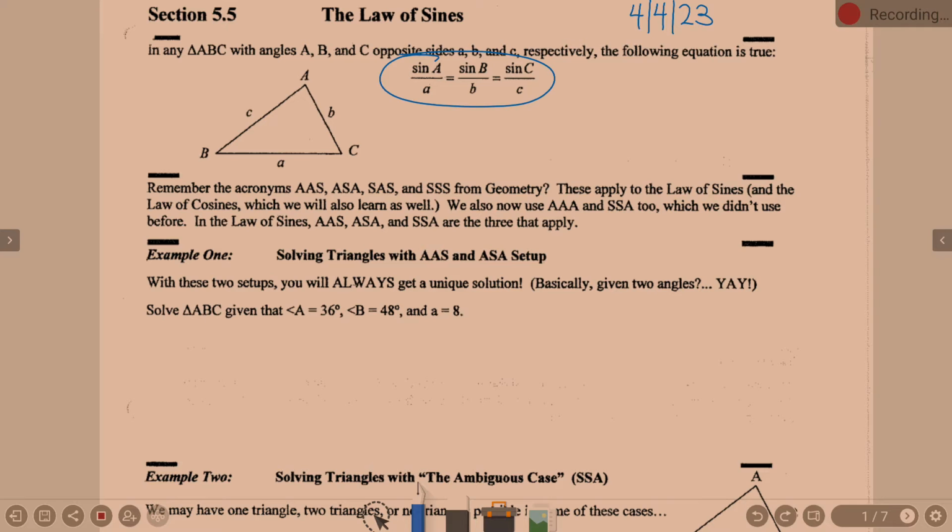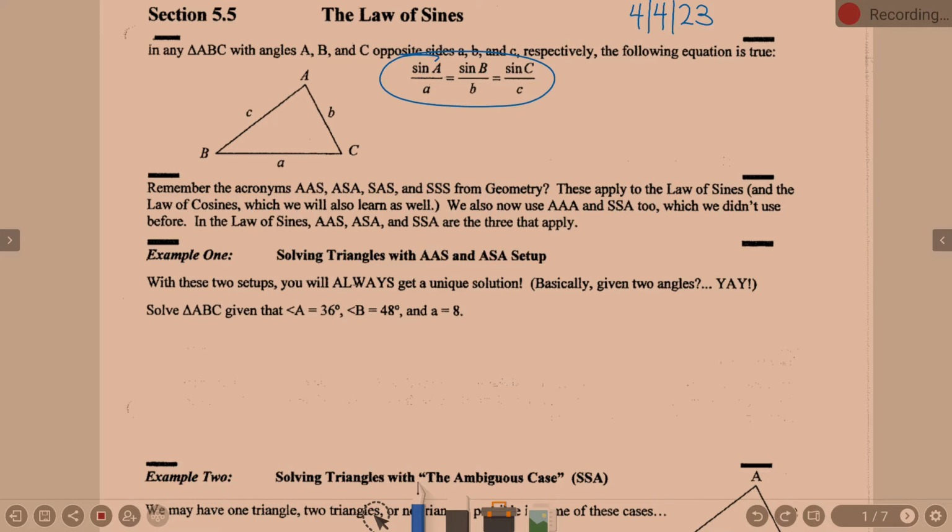And those were ways that you knew if 2 triangles were congruent, right? Well, these apply to the law of sines and the law of cosines, which we'll get to later. In geometry, you didn't talk about angle, angle, angle, and you didn't talk about side, side, angle. Those 2 didn't exist, but those 2 we're going to incorporate into our law of sines and law of cosines.